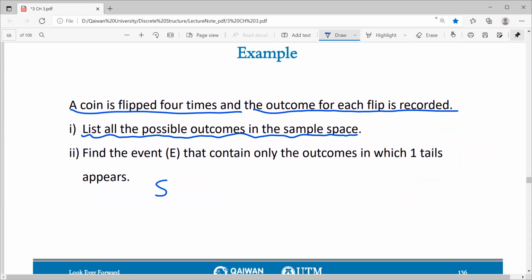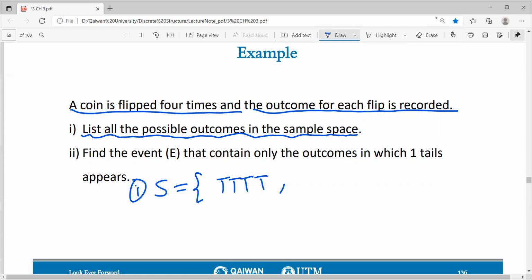So the sample space for part 1 equals: let's say all 4 of the flips, I mean 4 times we get tail. That means T, T, T, T. And the second one, if one of them is head, let's say the first one is head.